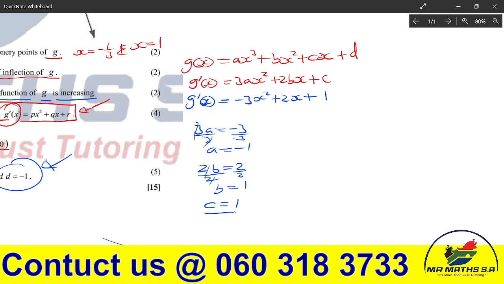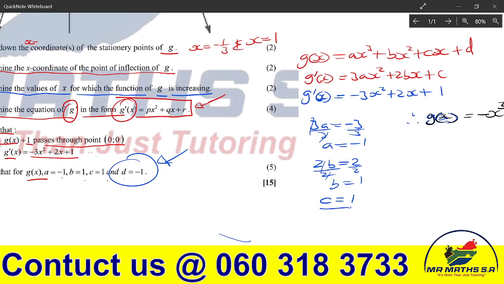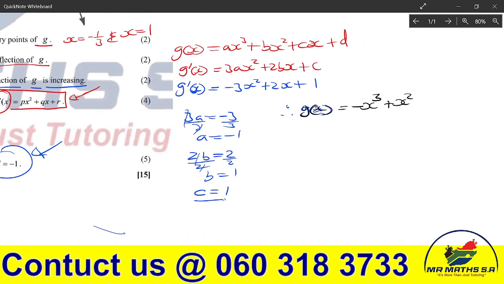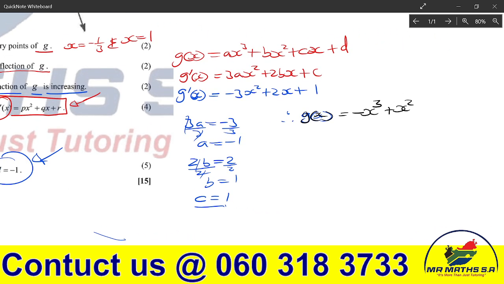So you are saying we write the normal equation g of x. Instead of putting a there, we'll put negative x cubed. Instead of putting b, we'll put 1, which will be plus x squared. Instead of putting c, we'll put 1 again, which will be plus x plus d.